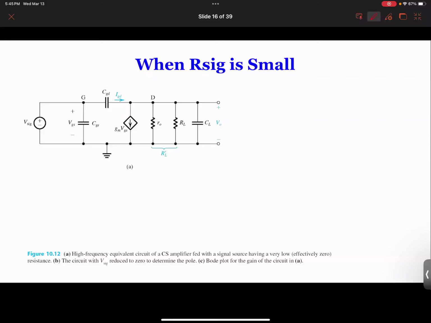VGS is VSIG. So basically, for the circuit, I can neglect CGS, or I can neglect this one also, of course. Then the whole circuit becomes this circuit here, with GM times VGS.